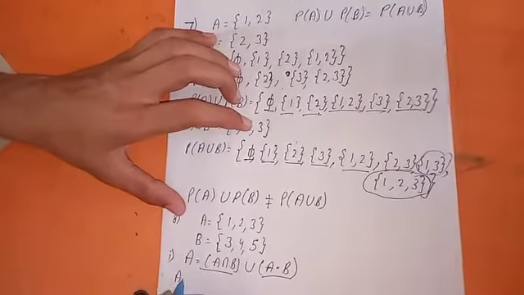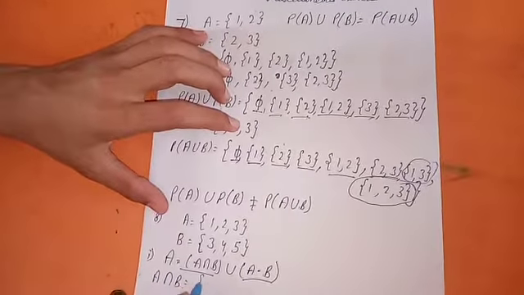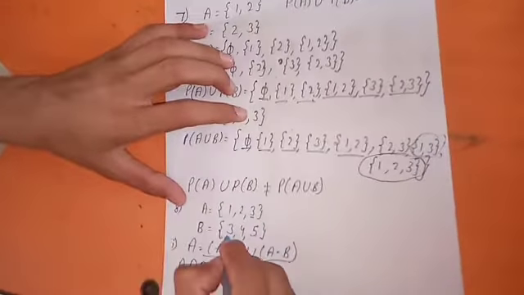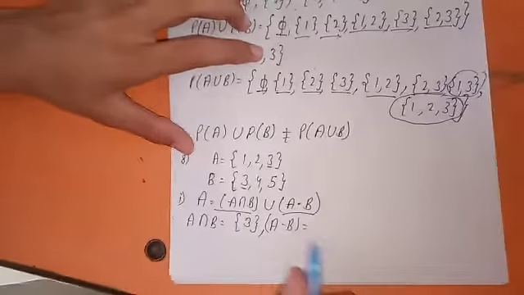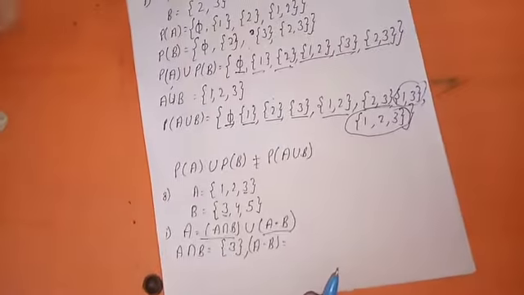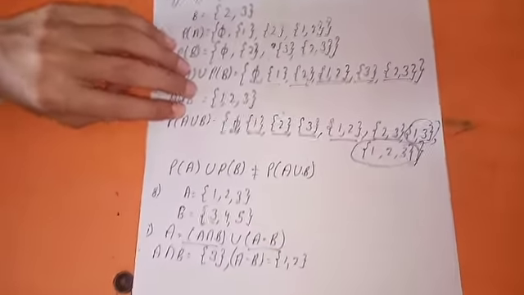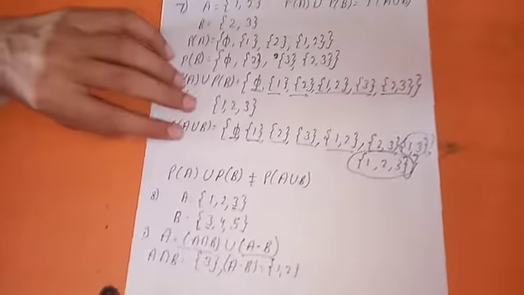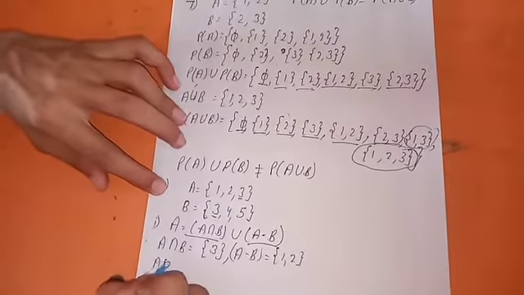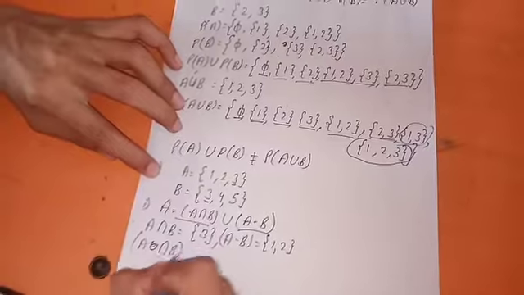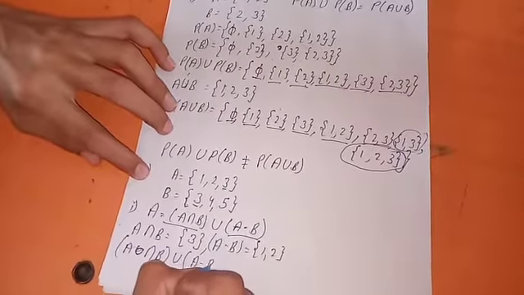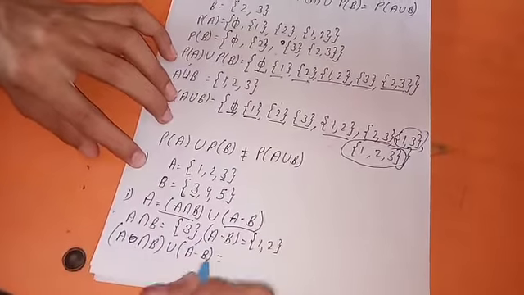So A intersection B is what? A intersection B is {3}. Okay. Now A minus B is what? A minus B will be the elements that are in A but not in B. So that are 1 and 2. Now if we take their union, A intersection B union with A minus B, that will be what?